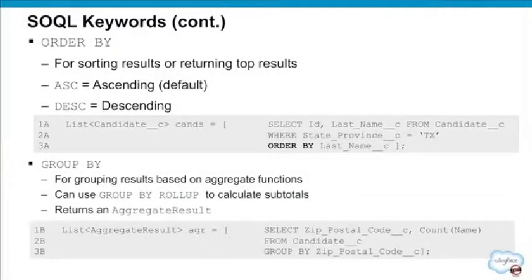Now, a very important point to point out here is that notice that we have this AggregateResult, and we've never talked about AggregateResult before. There is the SObject base class, and all our standard and custom objects are children of SObject.